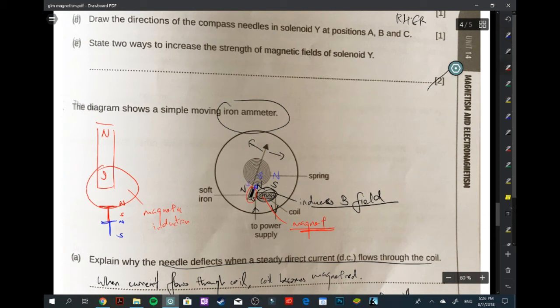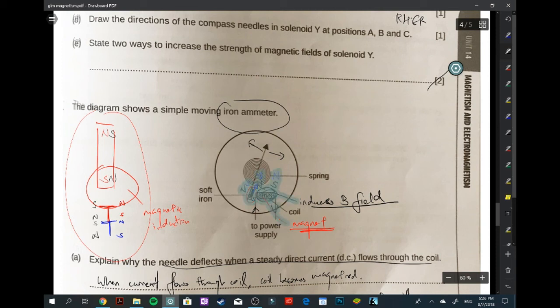Why? Then you refer back to here. If this bar magnet is changed from south to north, and the polarity is reversed, obviously this will be reversed as well, right? So the same goes for here.